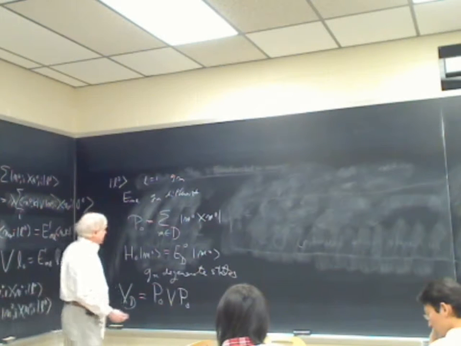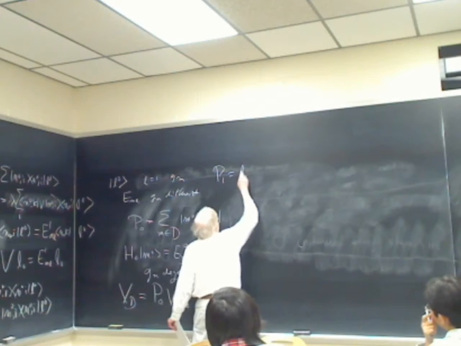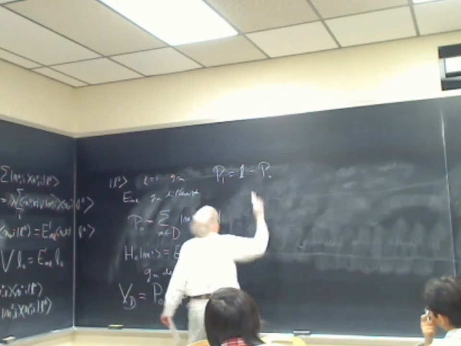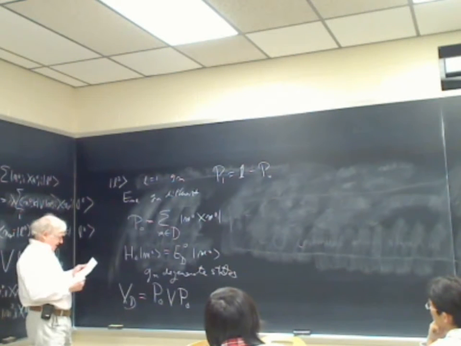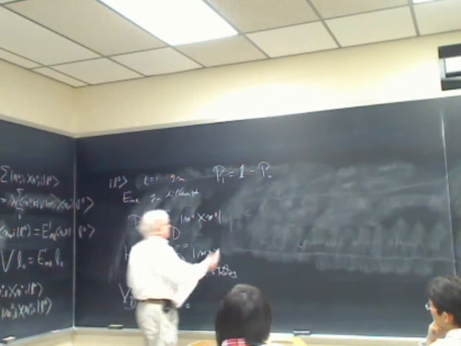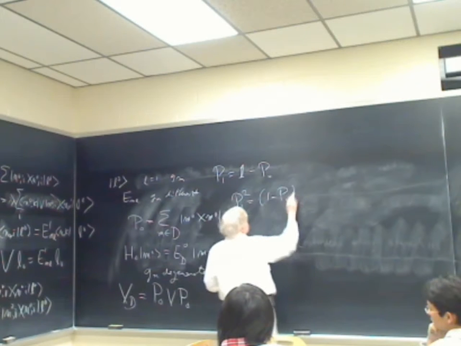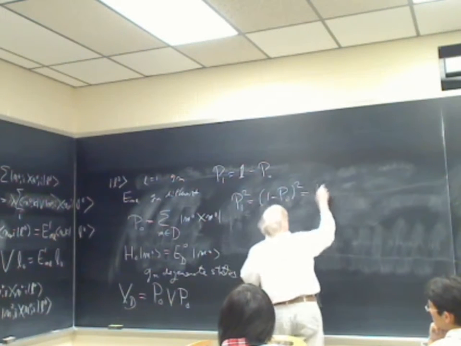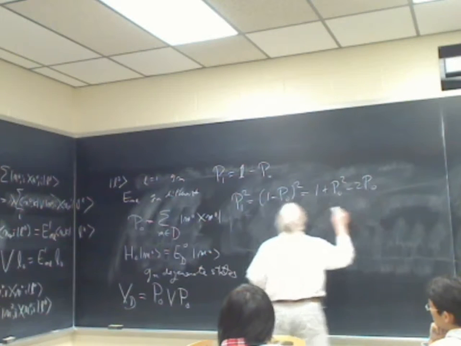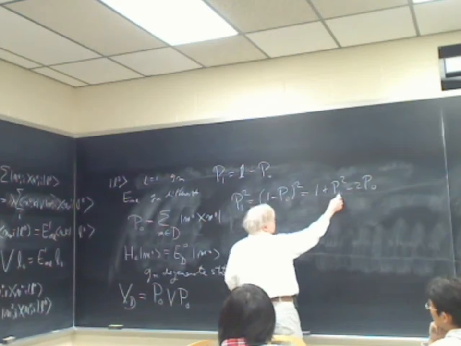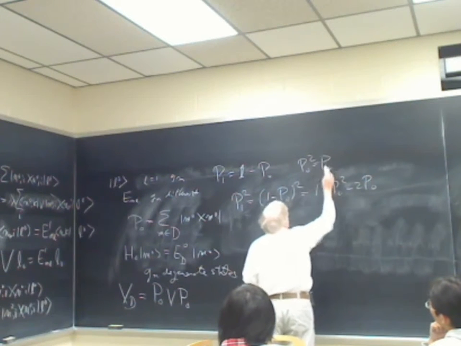Now, there's another projection operator that we're going to be talking about, namely P1, which is the identity operator minus P0. And now, is that a projection operator? Well, you know the rule for a projection operator is to square it. So P1 squared is 1 minus P0 squared. And so that's 1 plus P0 squared minus 2 P0. But P0 is a projection operator, so P0 squared is P0.